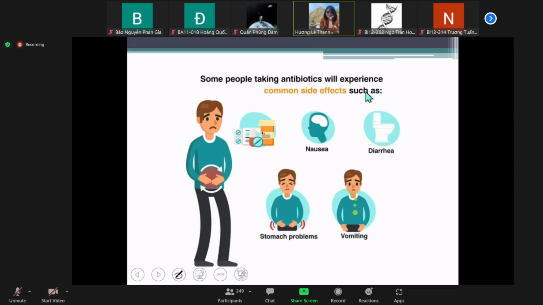So some side effects occur. For example, diarrhea: when you take antibiotics, it will kill the E. coli or the good bacteria inside your gastrointestinal tract, and that leads to diarrhea. So pay attention when you use antibiotics.